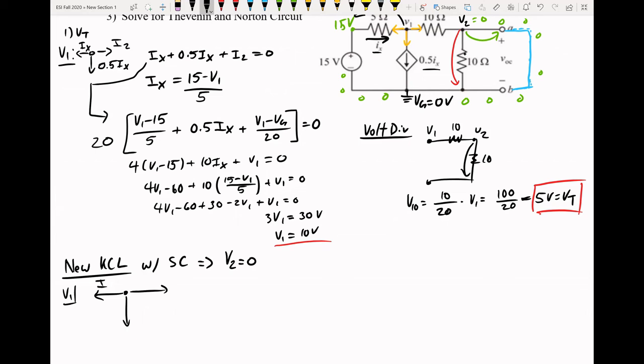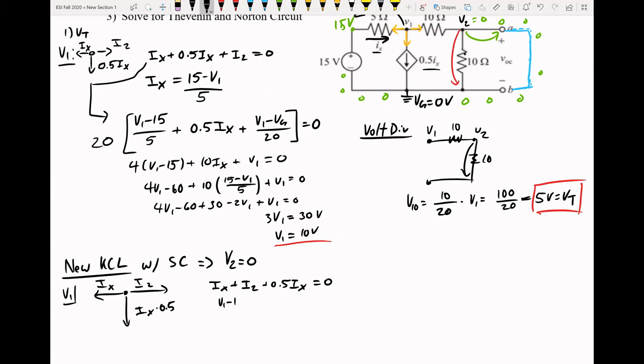So we'll still have I of x times 0.5, and then this will be I of 2. So I of x plus I2 plus 0.5 I of x equal to 0. And it's effectively the same problem.